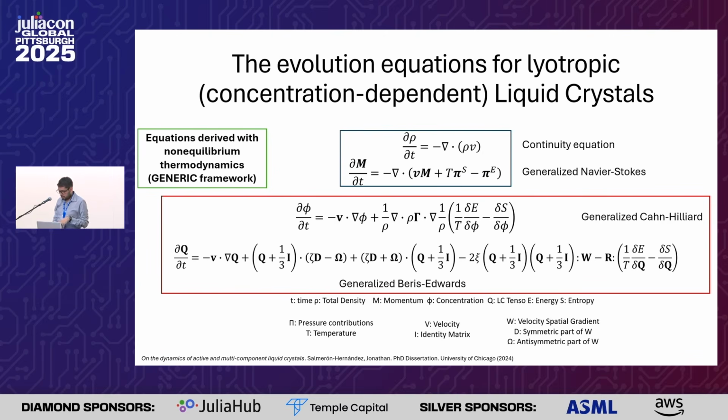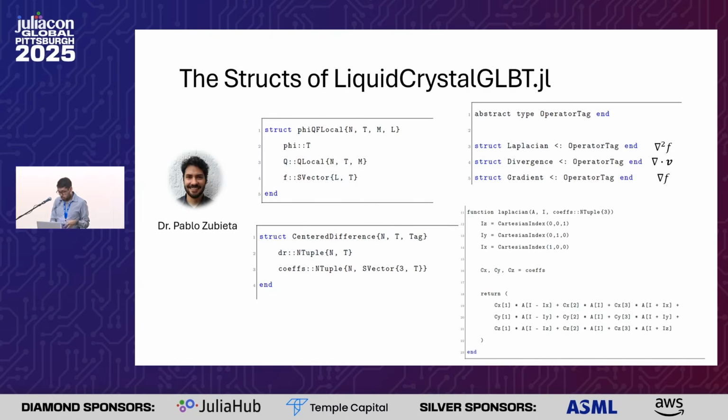The problem is that I have a bunch of differential equations, and I have a Q tensor, a matrix that I need to evolve in time. Most of the packages that we can find in Julia are usually designed to evolve scalars, just a number. So I need to change the architecture of DifferentialEquations.jl to be able to use my Q tensor. First, I need to define the structs.